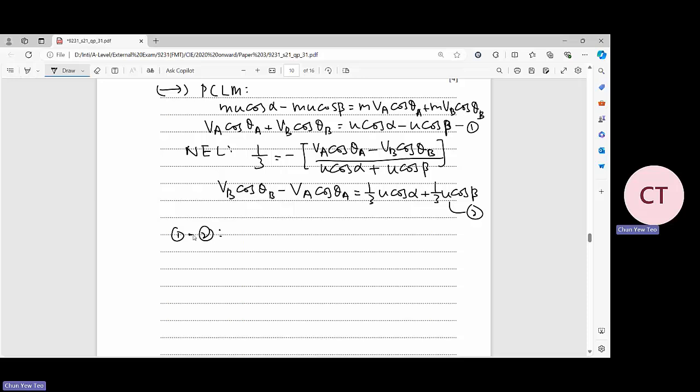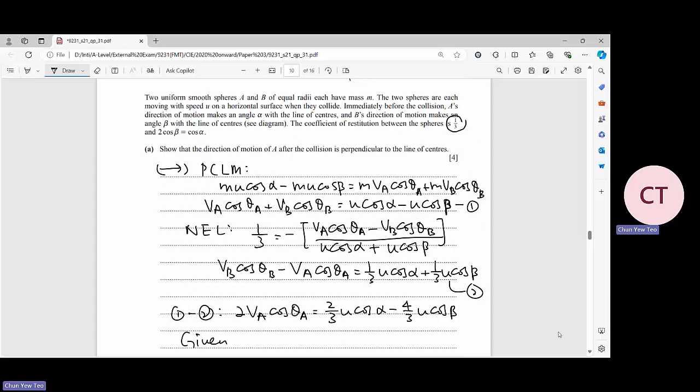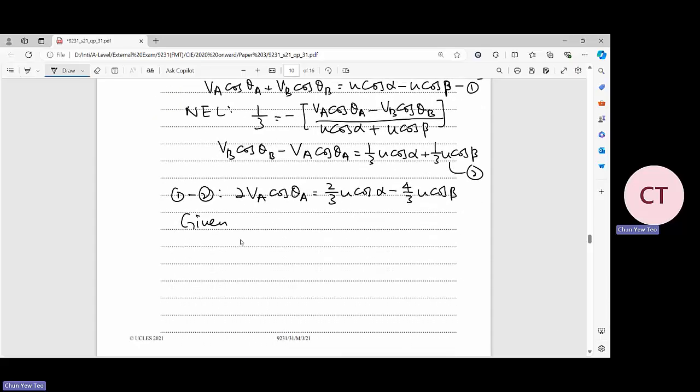Now if you want to consider A, just take equation 1 minus equation 2. We try to ignore B. So take equation 1 minus equation 2, you get 2VA cos theta A. Then the right hand side, if you minus it, you will get 2/3 U cos alpha minus 4/3 U cos beta. The condition given in the question is that cos alpha is equal to 2 cos beta.